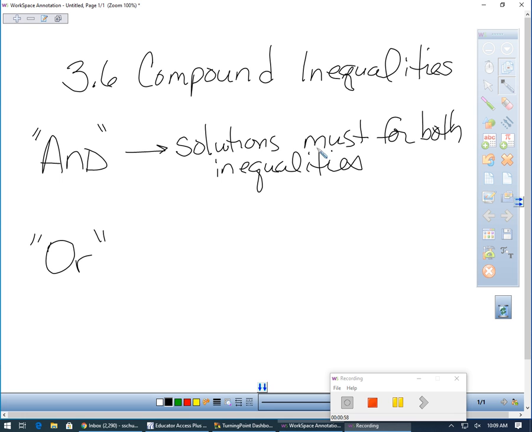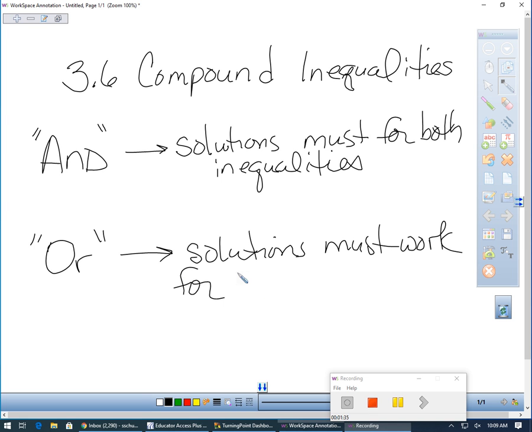Okay? But if I were to say or, I could say it is nice outside or it is raining. It only has to be one of them for the sentence to be true. Same thing here. So in math, when we have an or inequality, the solutions must work for at least one.